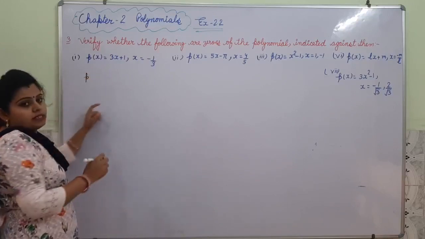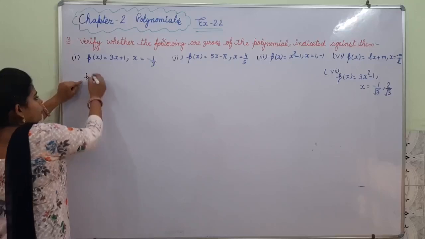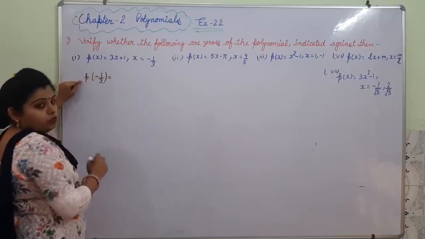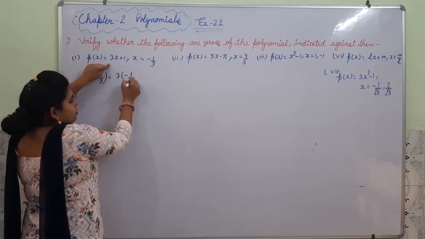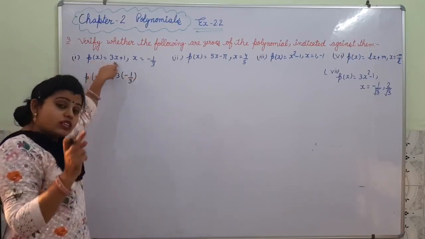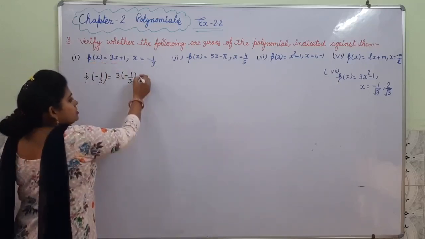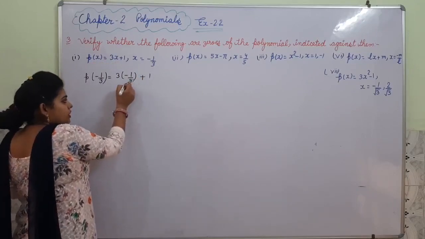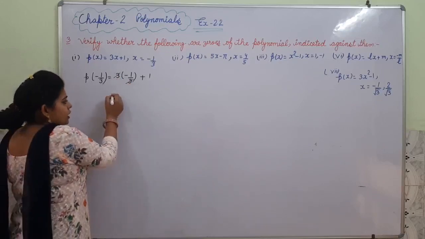We will replace x by minus 1 by 3. P of minus 1 by 3 will be equal to 3 into minus 1 by 3. हमने क्या किया? x को किससे रिप्लेस किया? Minus 1 by 3 plus 1, and it is a multiplication, so we can cancel 3 by 3. What is left here?